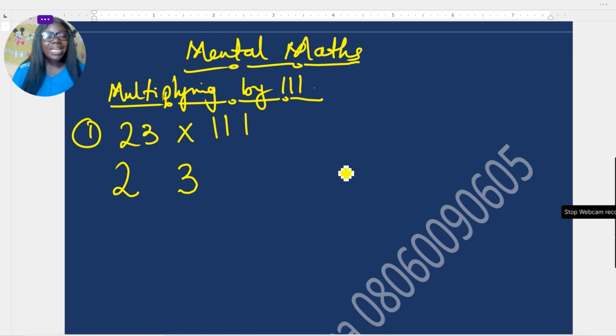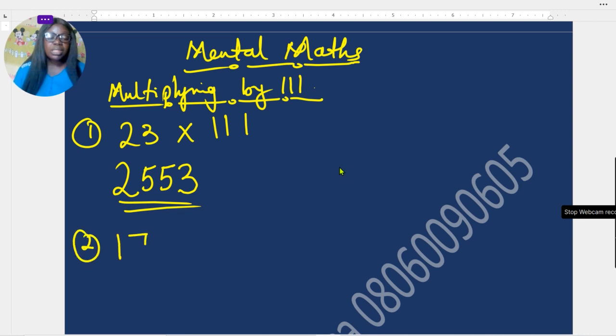So I will write 5 down twice at the middle, because I am multiplying by 111. When I add up the two digits, I will write down the sum twice in between the two digits. So the answer is 2,553.